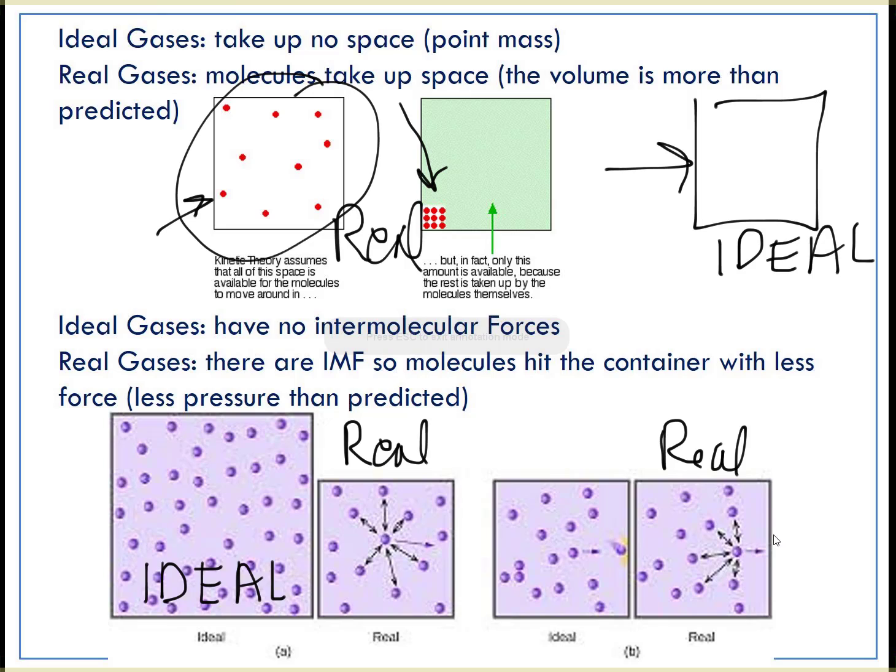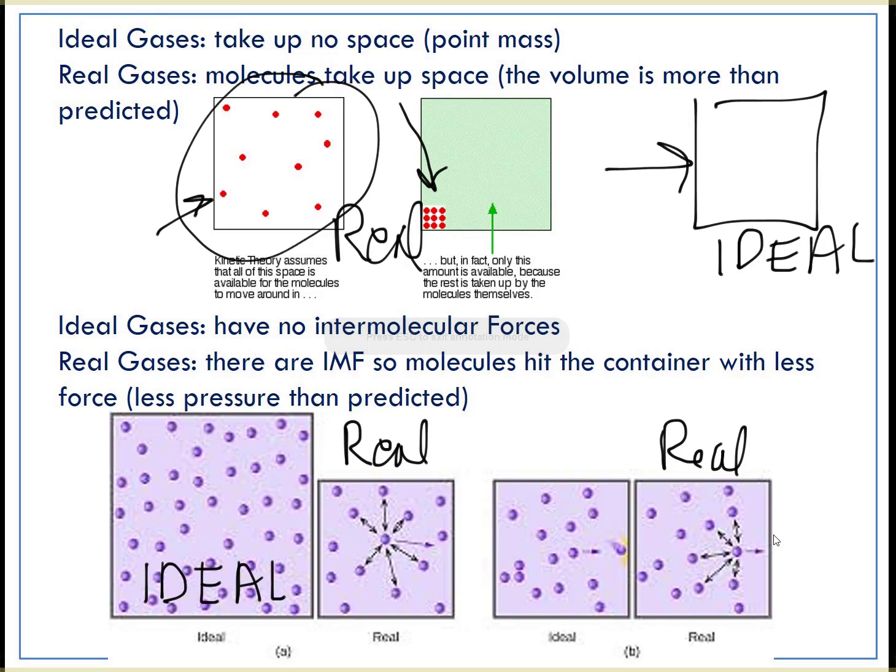So the collisions aren't as elastic. Obviously the faster they're hitting each other, the more elastic the collisions are, but they do sort of get sticky when they're hitting each other. So again, if we keep the temperature really high and keep the volume really large or the pressure low, then we are going to minimize those.